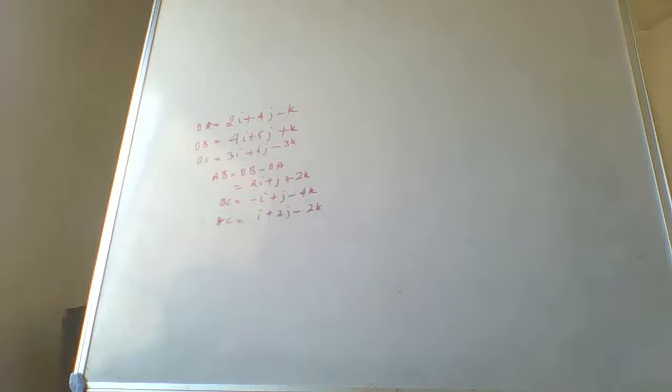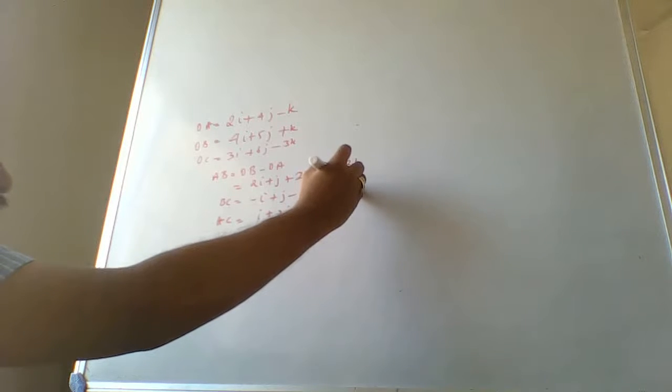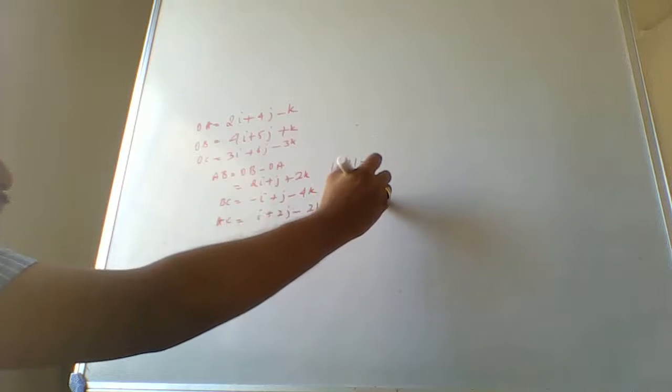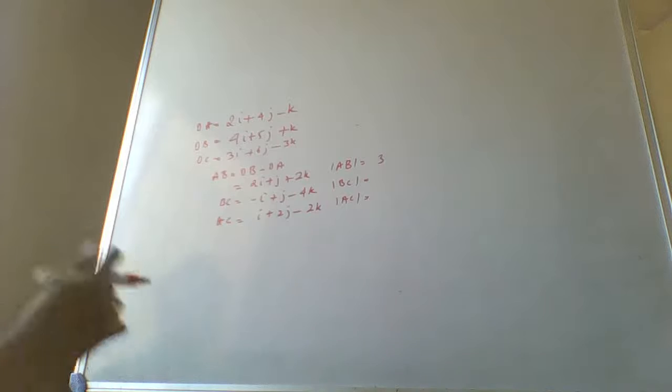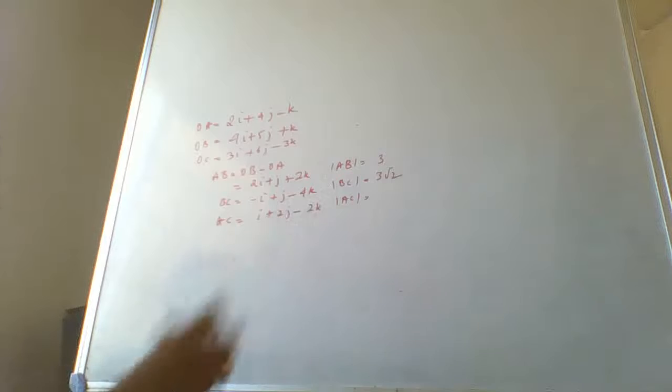Fine. So let us find the mod of this, and mod of this, and mod of this also. That would be square root of 2 square plus 1 square plus 2 square, that results to 3. And BC would be square root of 1 plus 1 plus 16, so this would result to 3 root 2.